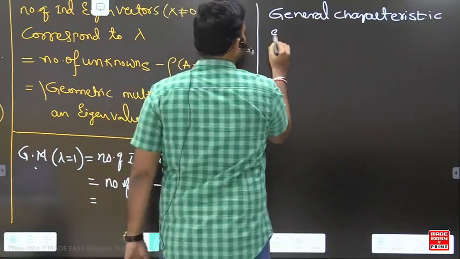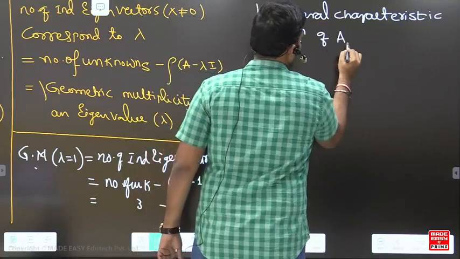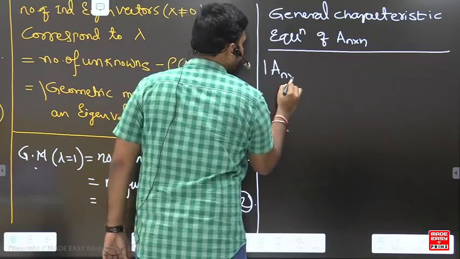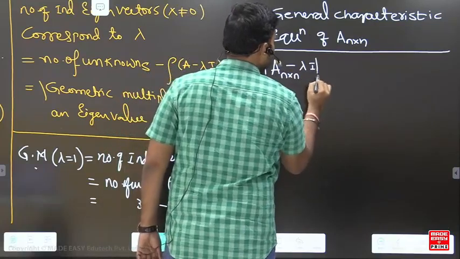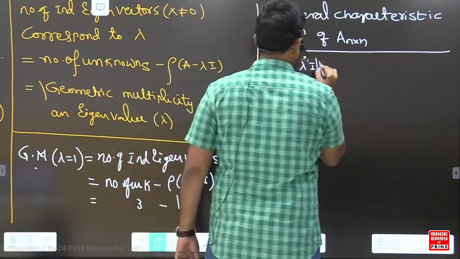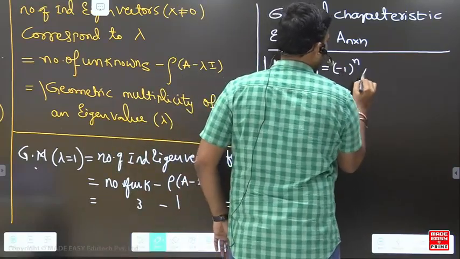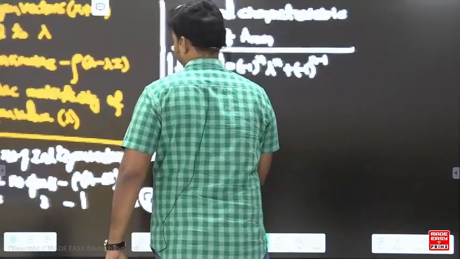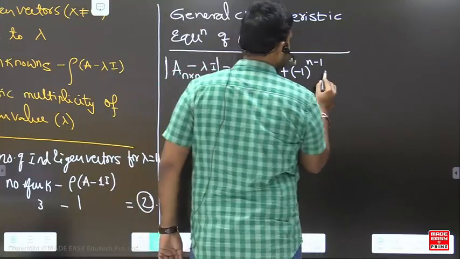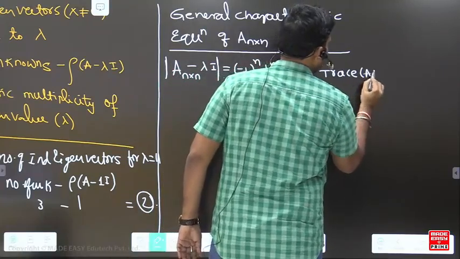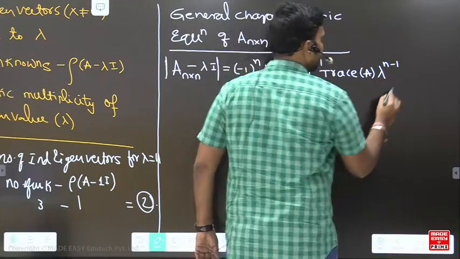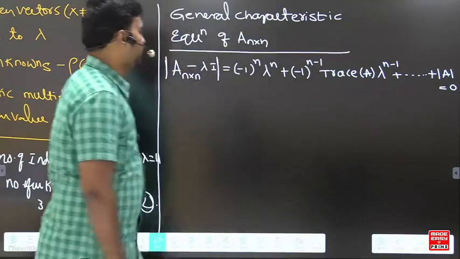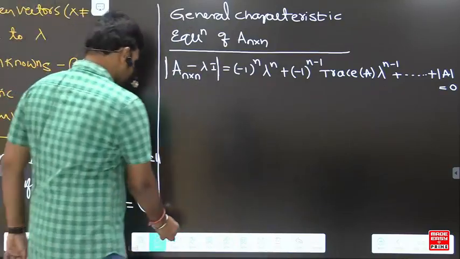The general characteristic equation of an n by n matrix: determinant of A minus lambda I is equal to minus 1 whole power n, lambda power n, plus minus 1 whole power n minus 1 into the trace of A into lambda power n minus 1, plus and so on, plus mod A is equal to 0.